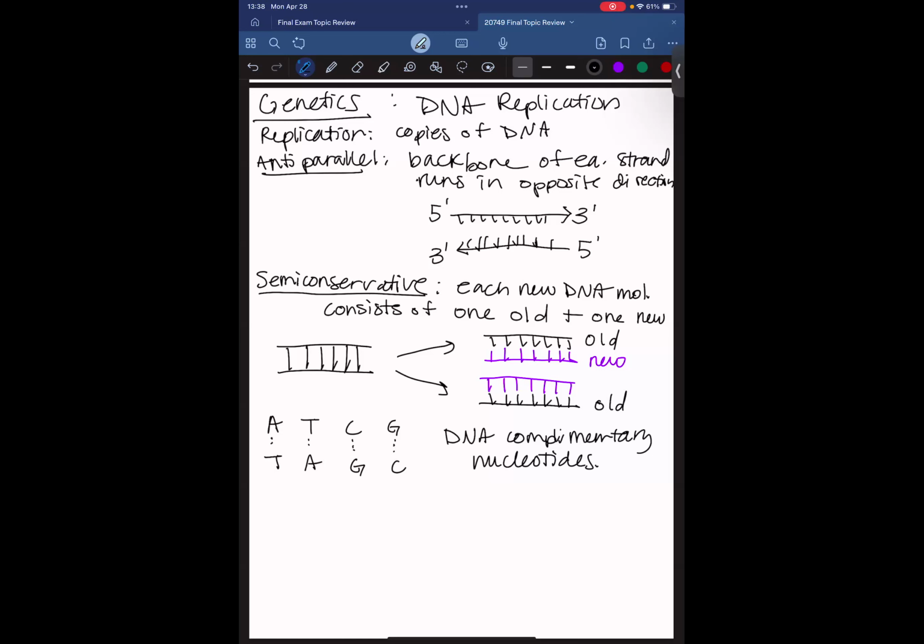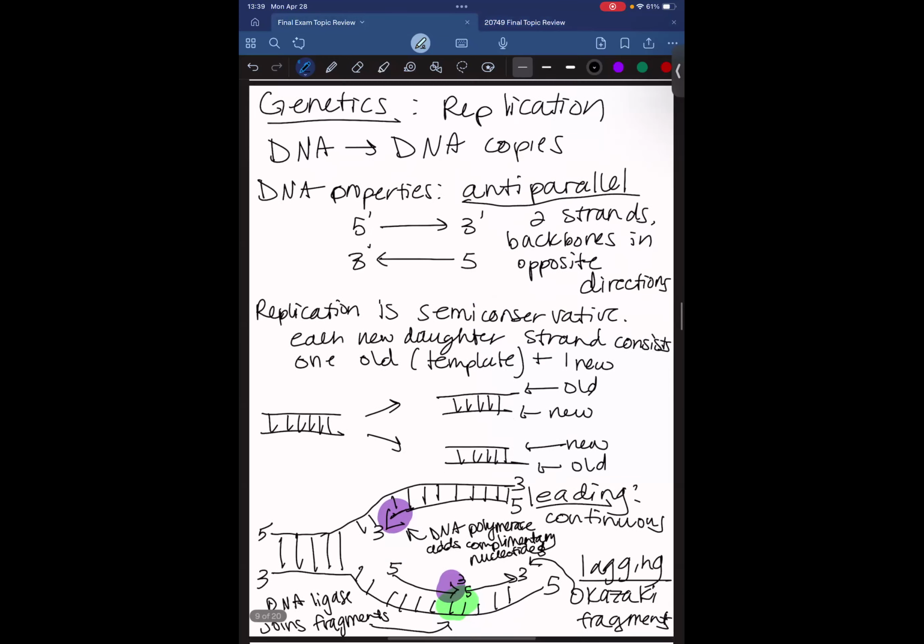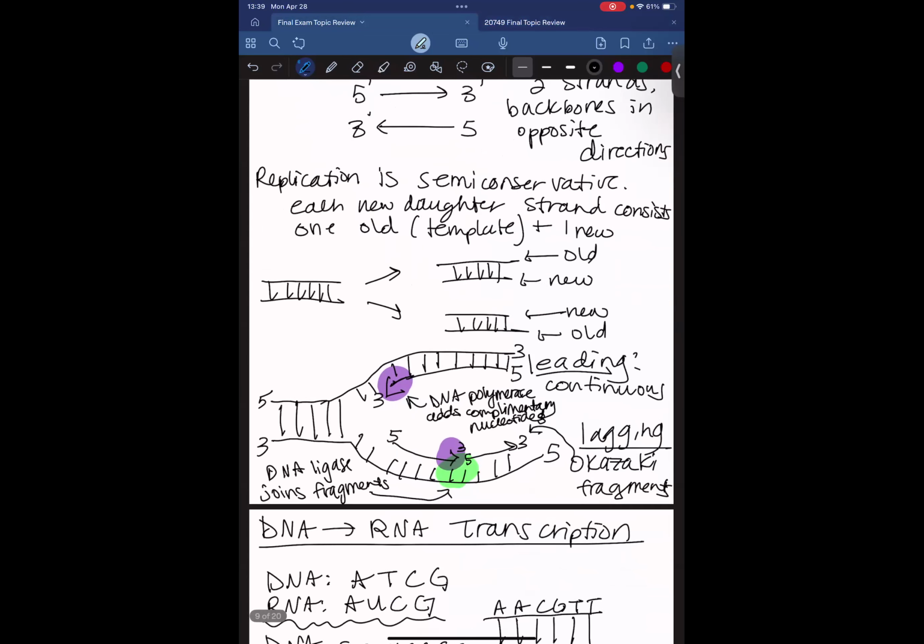All righty. And so now whenever we're going through DNA replication, make sure that I'm covering it all, just some conservative, old and new. Okay.